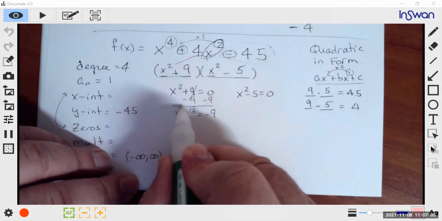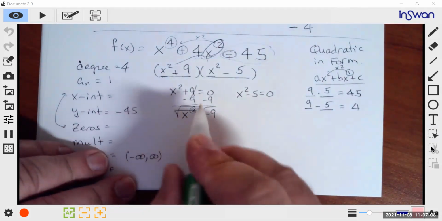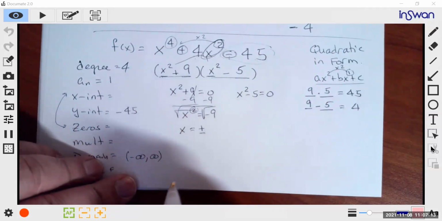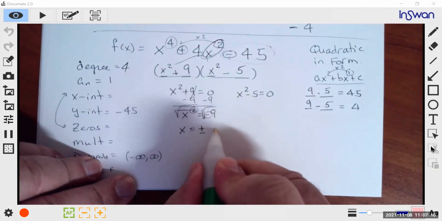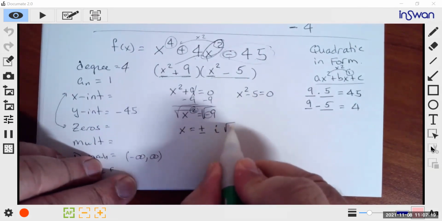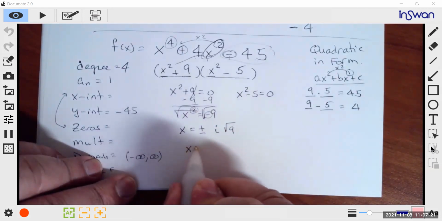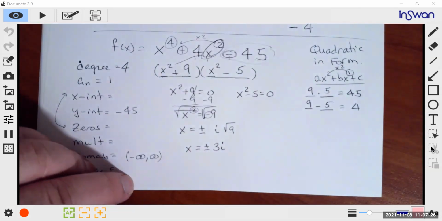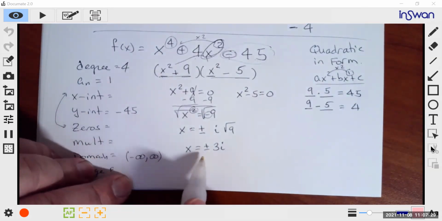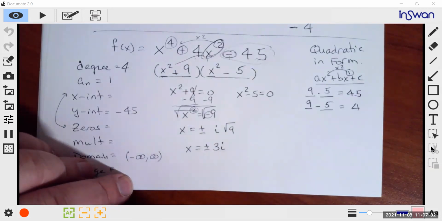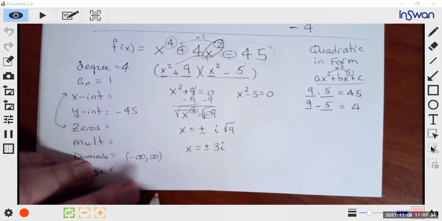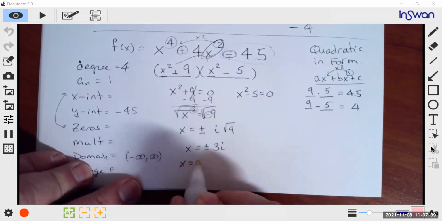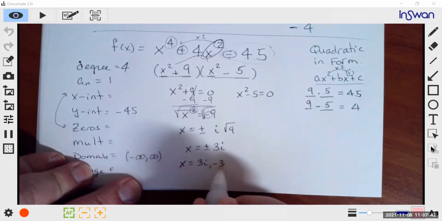Get rid of the square with the square root on both sides. X equals plus or minus. There's a negative inside there, so it's an i. The square root of 9 is 3. So there are your first two answers. The first two zeros are positive 3i, negative 3i.